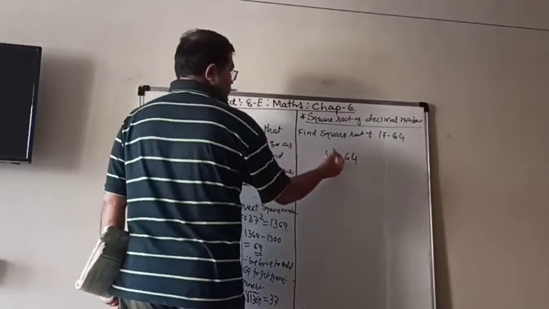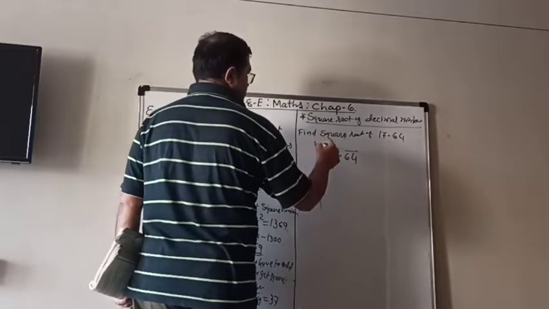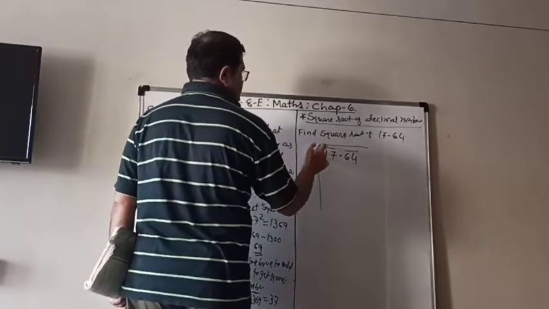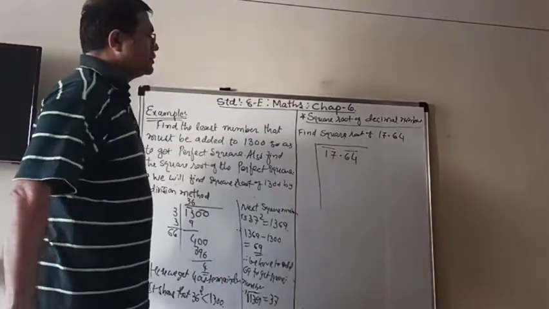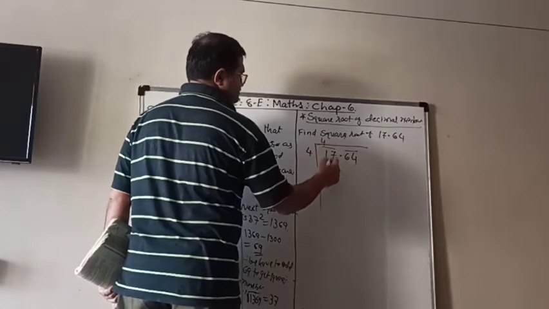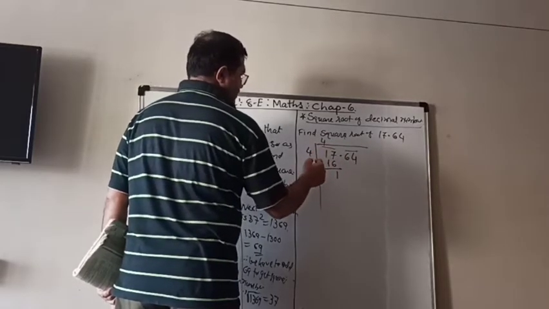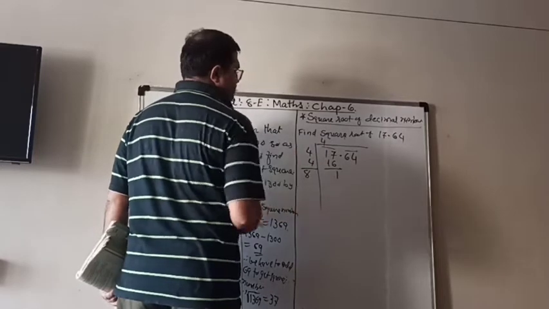Here it is not so difficult, because here also 2 digits, here also 2 digits. So we have to do the same thing that we did in the normal number. 16, so we can take 4 4s are 16. 17 minus 16 is 1, and 4 plus 4 is 8 now.